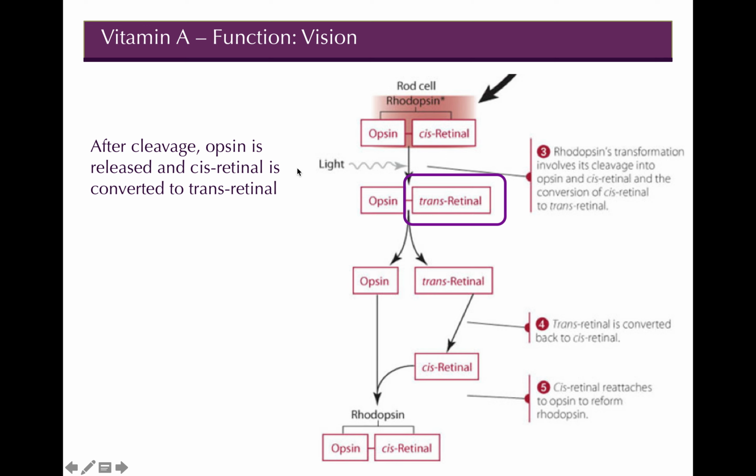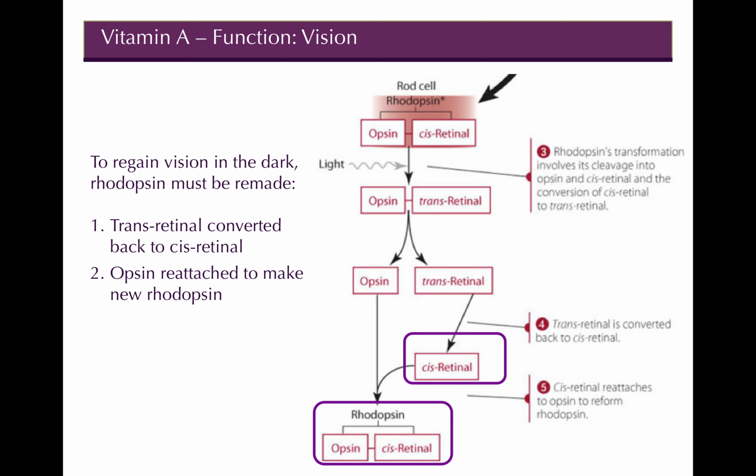What happens when a flash of light hits? These two things are broken apart. So opsin is cut off, kind of leaves, and then the cis retinal is instantly made into trans retinal. So that's basically the two things that happen. Opsin is cut off, cis retinal becomes trans retinal.